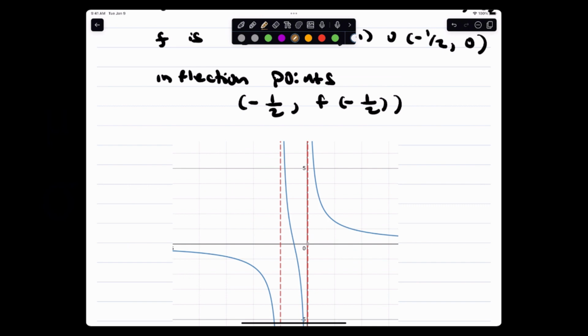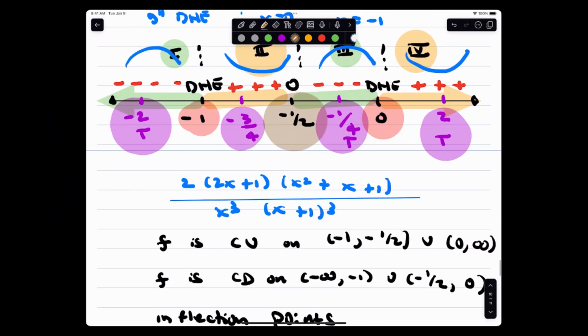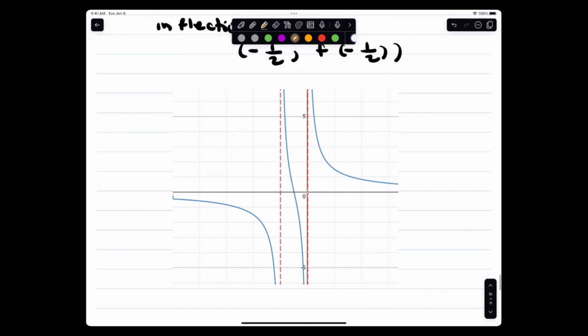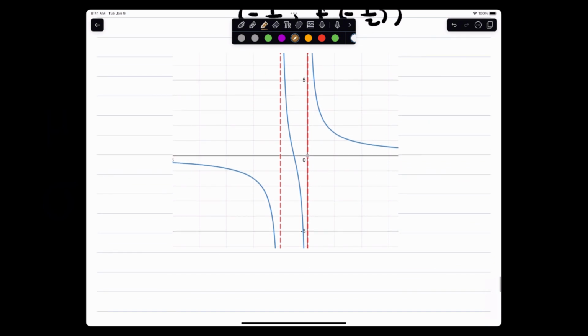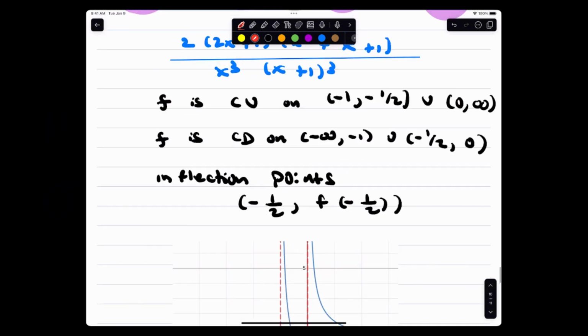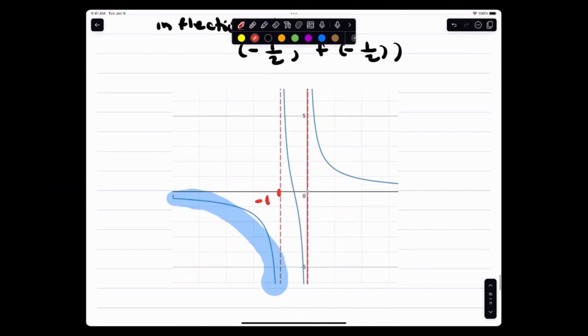Okay, so double check. Remember this is concave down from -infinity to -1. This is where your asymptote is. So if I can maybe get a highlighter, this is where -1 is. Isn't it concave down? Does not hold water? That's not concave down? Concave up.